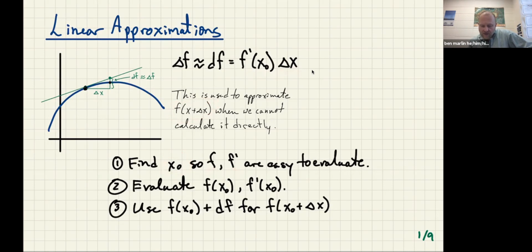And once you have that, you're going to evaluate the function and the derivative. And then the df that we talk about there, you're going to add it onto the function value at the point of tangency in order to approximate what this f of x naught plus delta x is, okay?